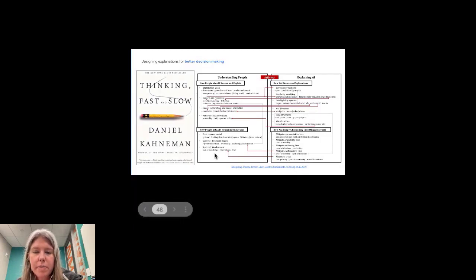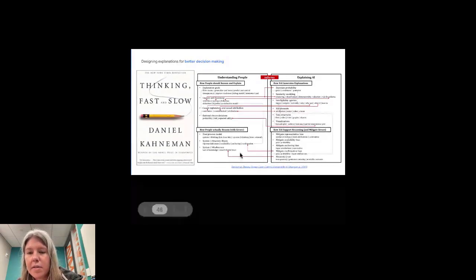how people actually make decisions. So all the science about how people make decisions, and they map it to explainable AI techniques. And then they also have the biases. So there's availability bias, anchoring bias, confirmation bias, and then they map that to different ways explainable AI can mitigate that.